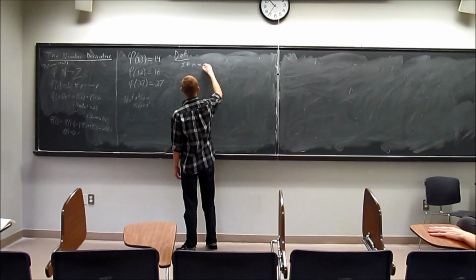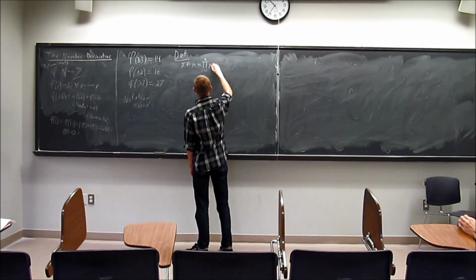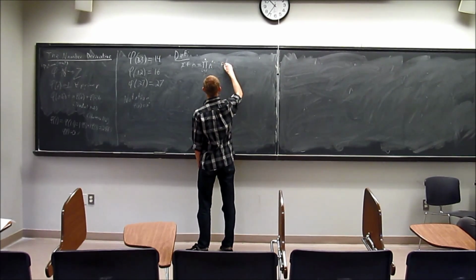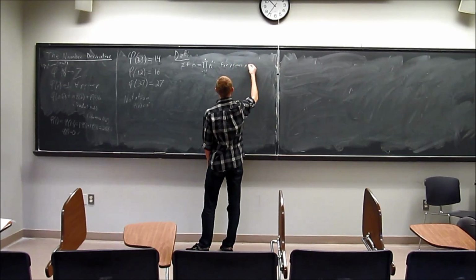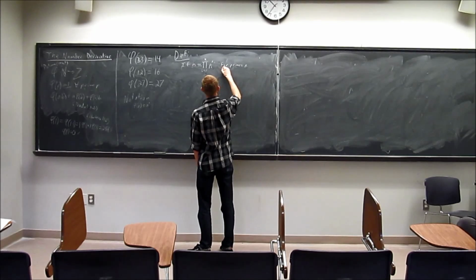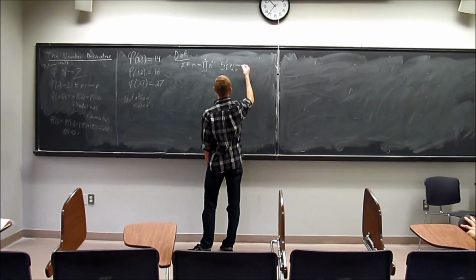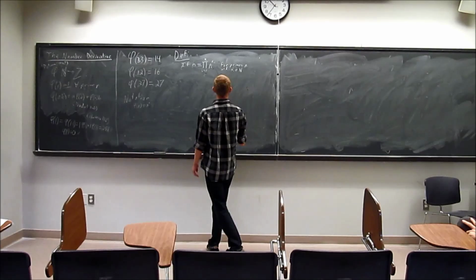So, if n is the product of primes p sub i to some exponent x sub i, with x sub i in the natural numbers right now. This is kind of an important point we'll come back to.